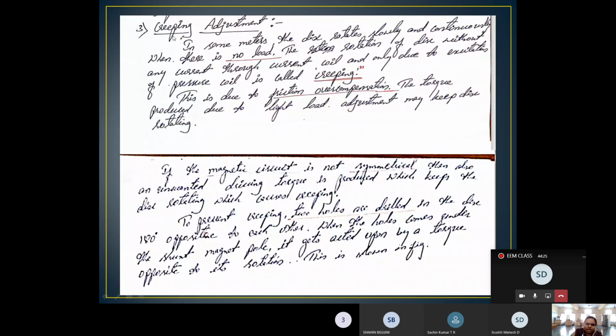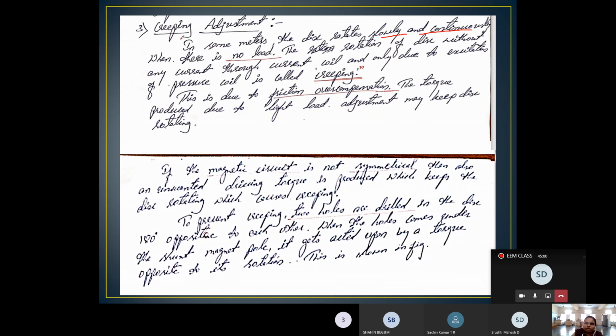Next is creeping adjustment. What do you mean by creeping? The name itself tells there is a sounding effect in the meter. In some meters, the disc rotates slowly and continuously when there is no load. Observe here, even when there is no load, our disc still starts rotating in a slow fashion and continuously keeps rotating. Is that proper?